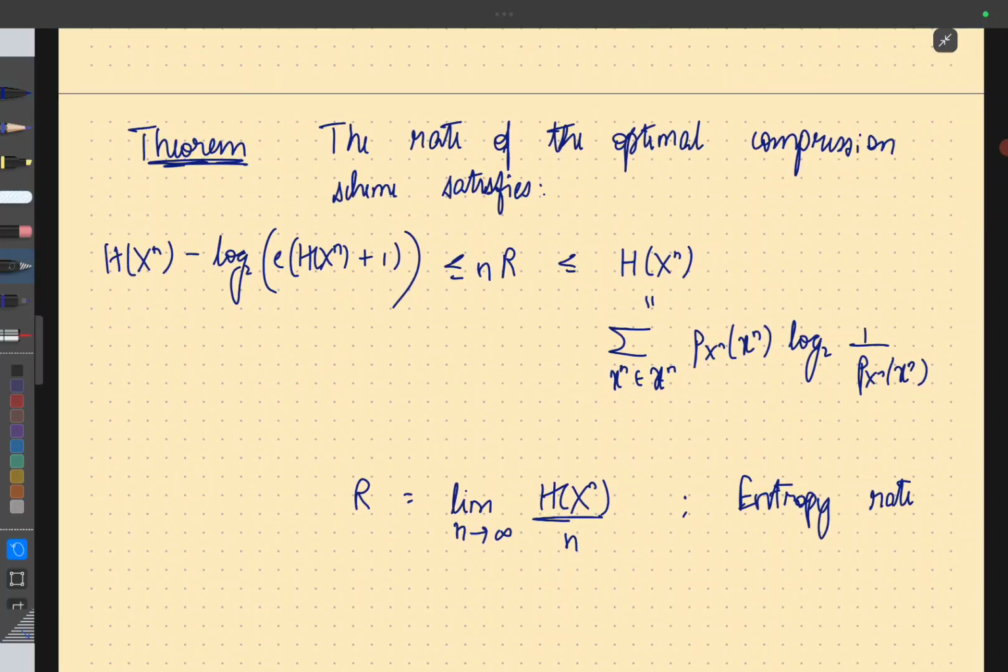We proved the upper bound, saying that the expected length is at most the entropy, and I said that it's also lower bounded by entropy minus some log of function of the entropy. Let's try to prove the lower bound now.